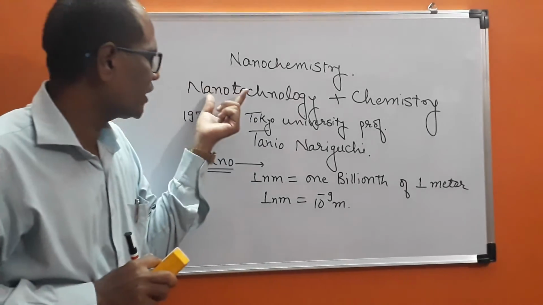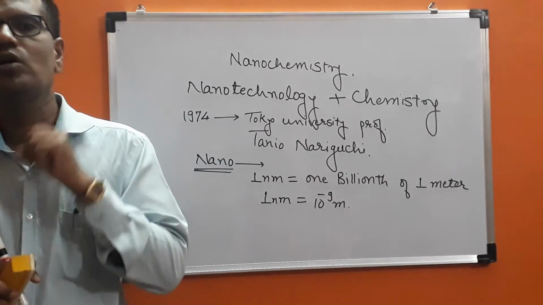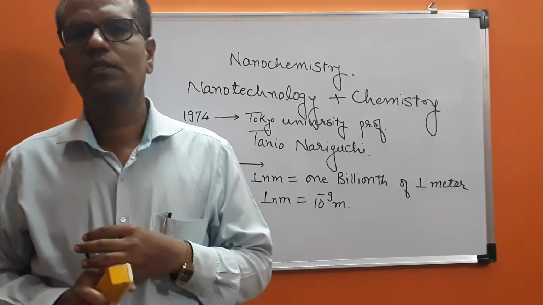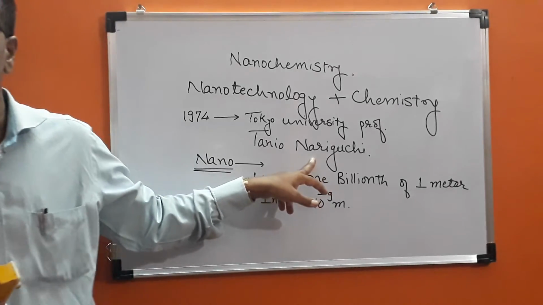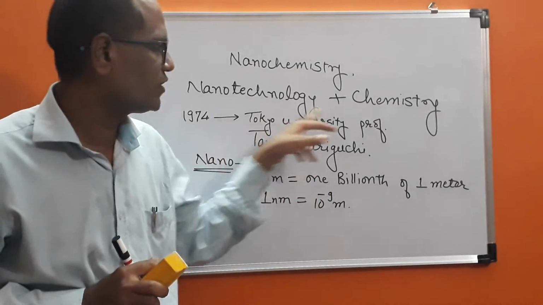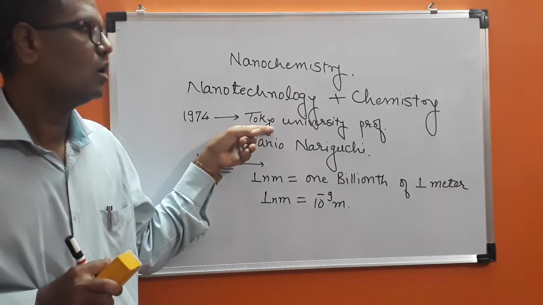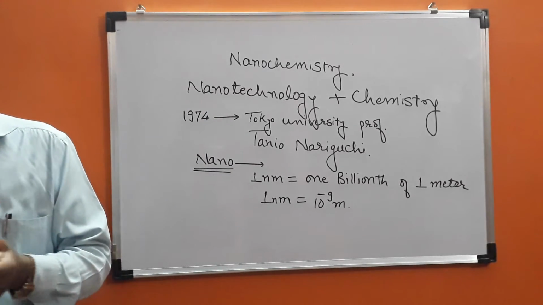So far as nanotechnology is concerned, this concept was first proposed by a Japanese scientist. The name of the scientist was Taniguchi. He was a Tokyo University professor, and this person introduced the concept of nanotechnology.